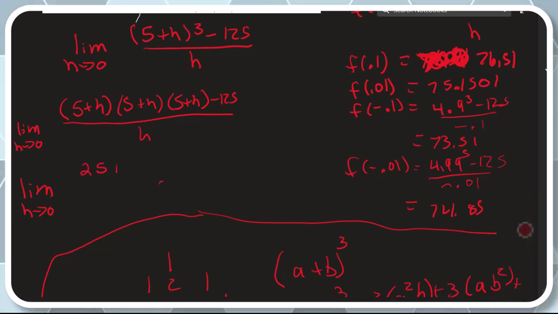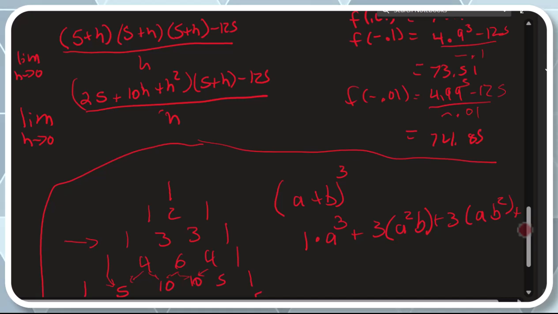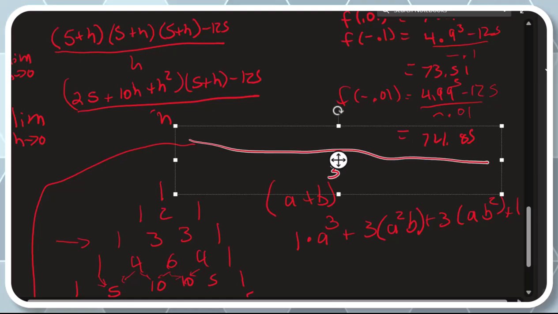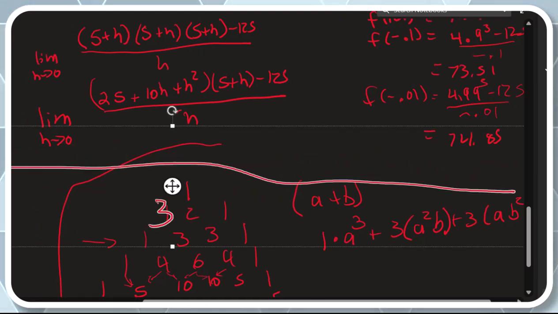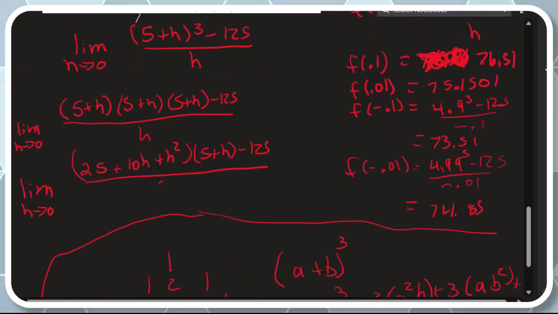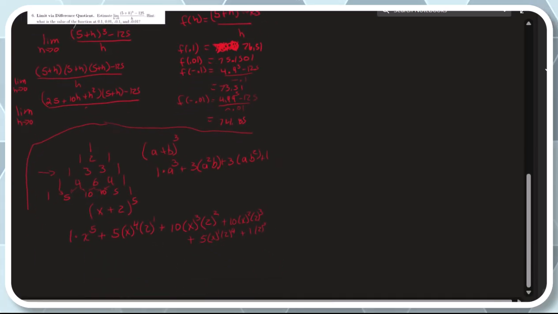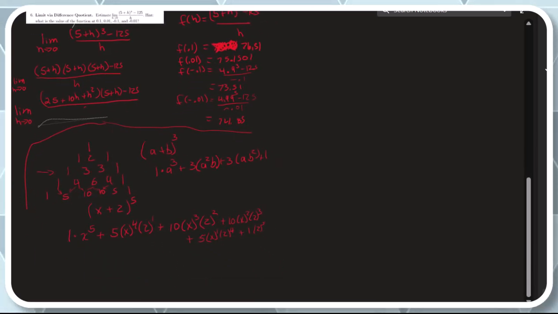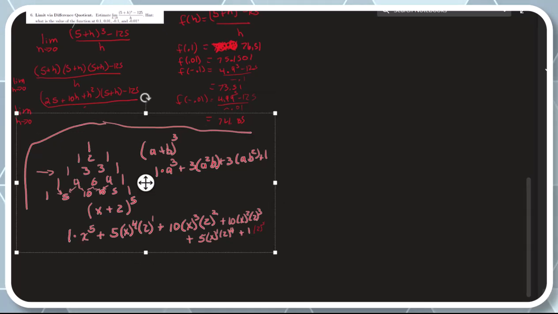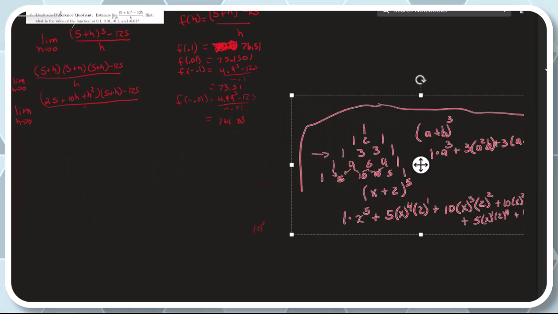So I'd get 25 plus 10h plus h squared, and then I have to multiply that times 5 plus h minus 125 all over h, and then, fascinating, but in the way.